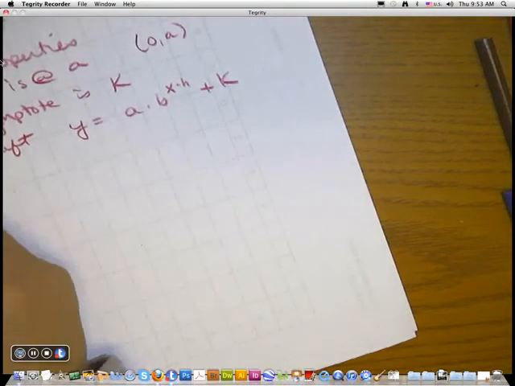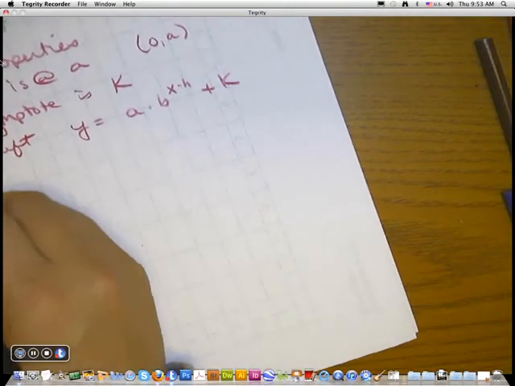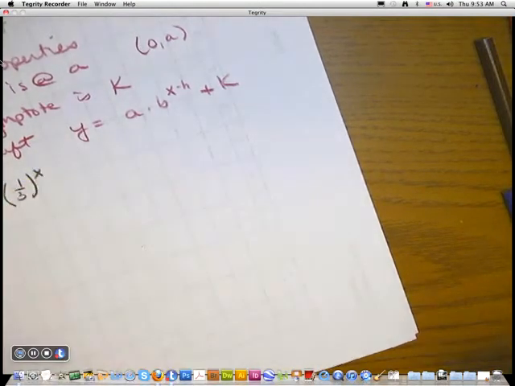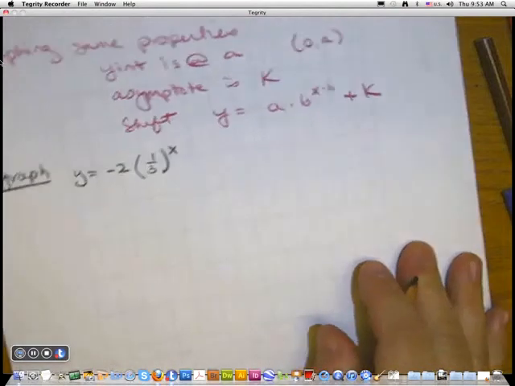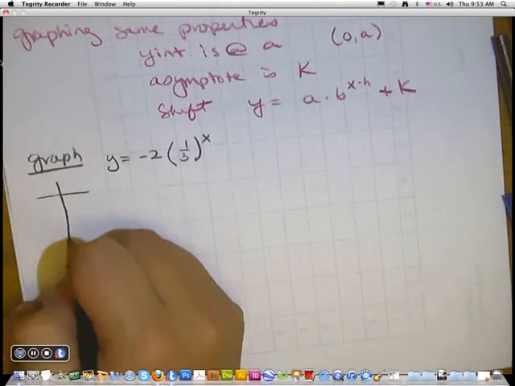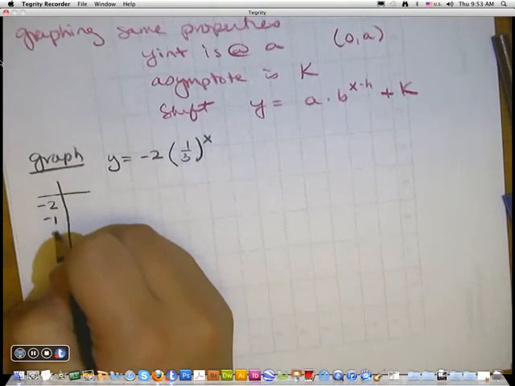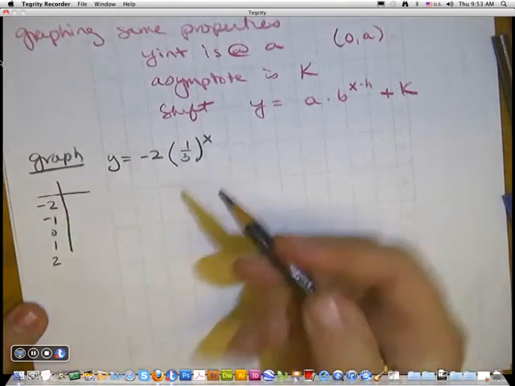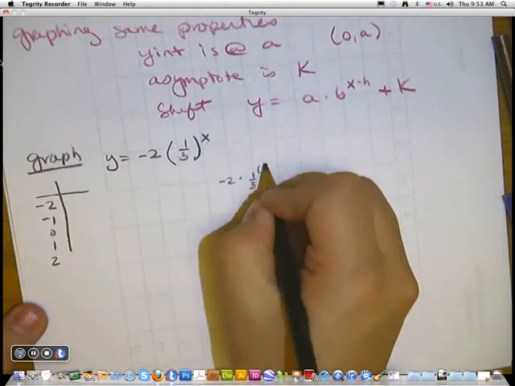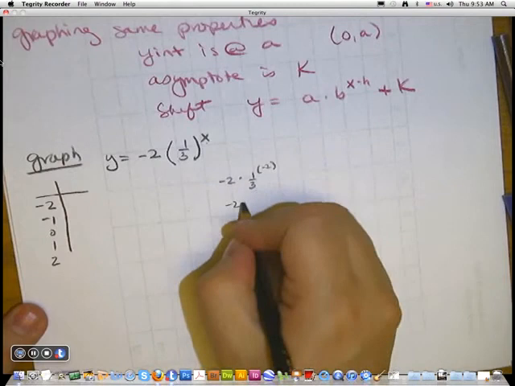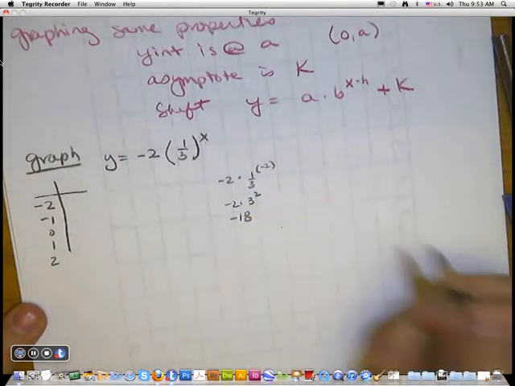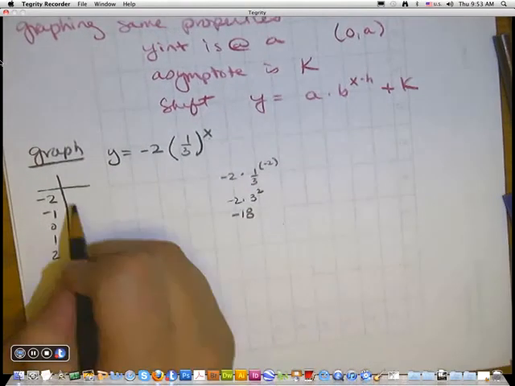So let's graph by hand y equals -2 times 1/3 to the x. Again, by hand, you're going to use a t-table: -2, -1, 0, 1, and 2. When I plug in a -2, the negative is going to cross the line and change the sign, so that becomes -18.